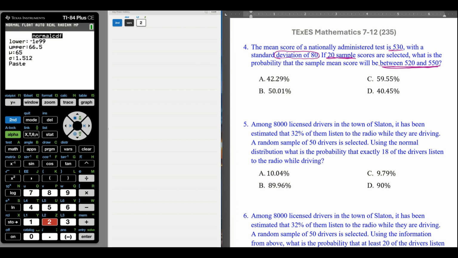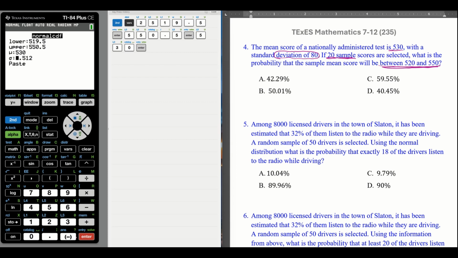Second, bars. Okay, we are adjusting, so we need to have 519.5. We're doing minus a half, so we're taking off a half. And then we add on half to the 550, 550.5, enter, and we have a mean of 530, but we will need to adjust our deviation.